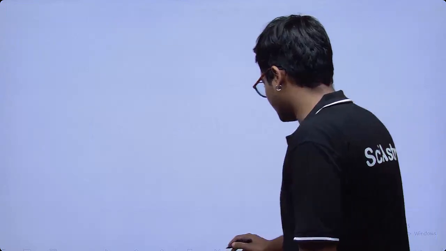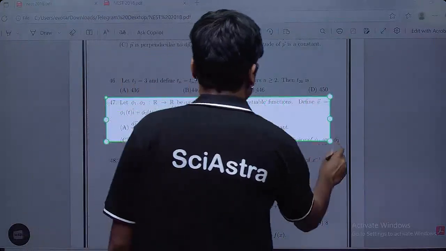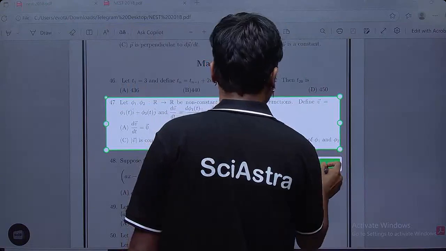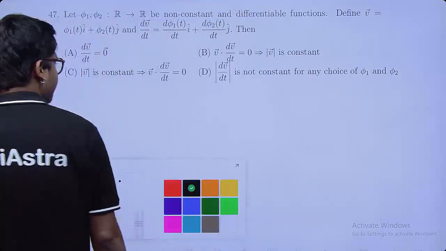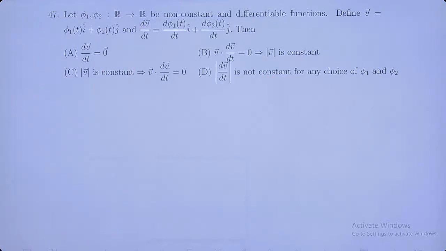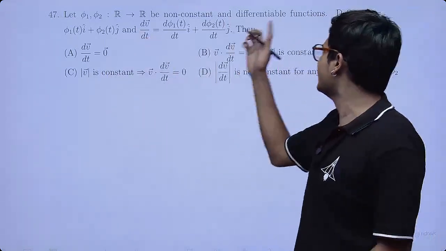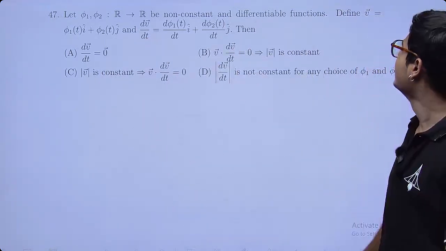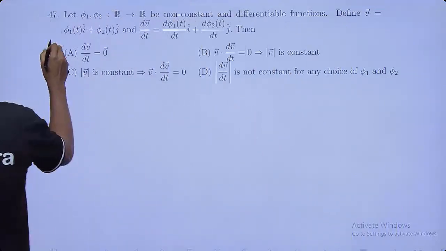Let's look at the next one. All right. The next one is you have, in some sense, a velocity function defined in terms of individual components of time, right? You have two different functions, phi1 and phi2, and based on that, you're defining the vector v, right? All right. So observe that first things first.